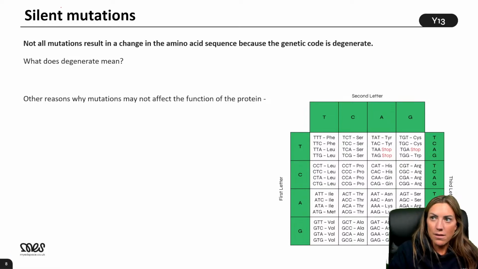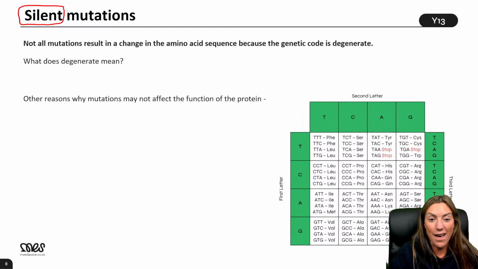Now, we mentioned this briefly before, but there is such thing as a silent mutation, okay? So we've had missense, where it codes for a different amino acid. We've had nonsense, where it codes for a stop triplet or a stop codon. Now we've got silent mutations. As the name suggests, a silent mutation does not affect the protein.